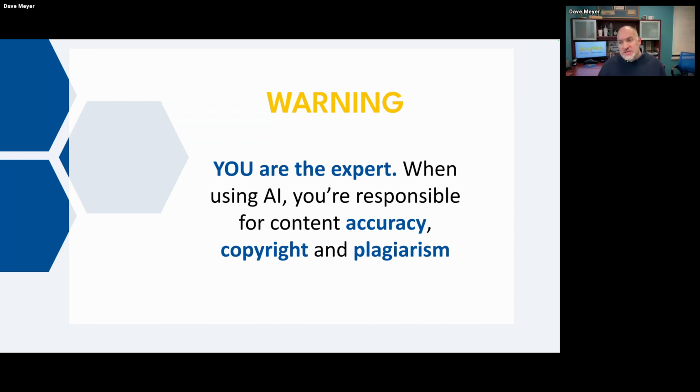So if it regurgitates something that it's seen somewhere else and doesn't give the proper credit, that's an issue. There are things called hallucinations in artificial intelligence, and especially in the GPTs, the generative pre-trained transformers, that make the content overconfident as it generates ideas and information.